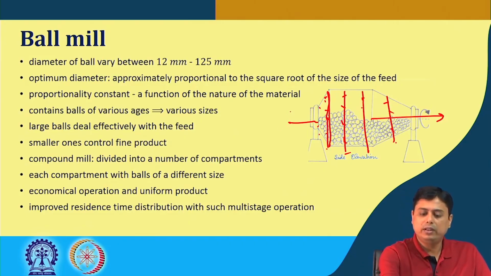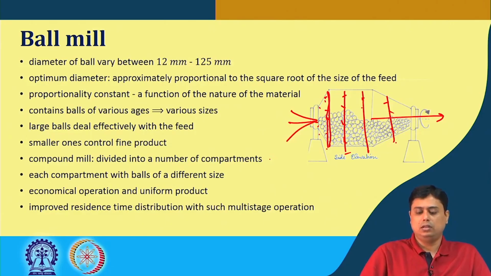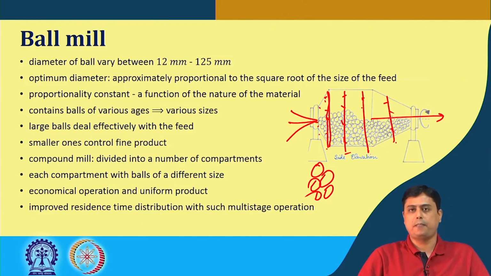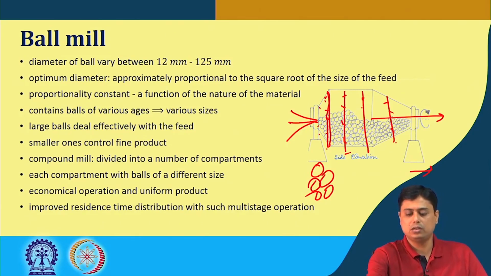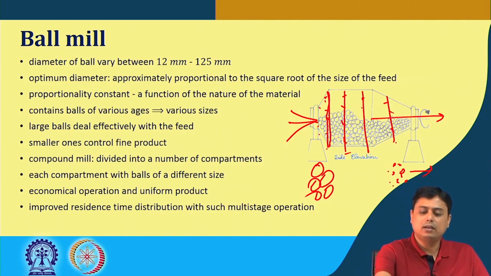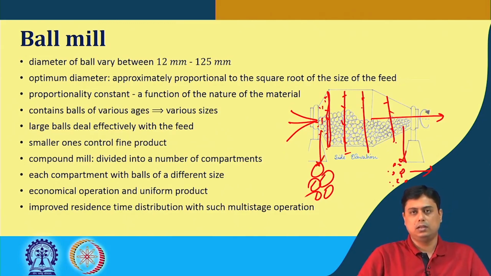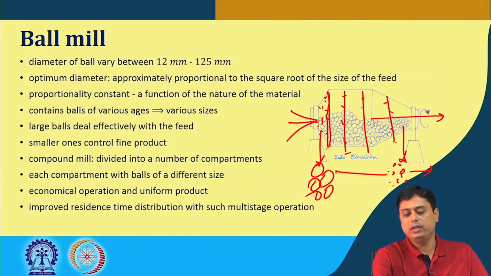So, starting with the feed position, the coarser or bigger balls are there, and near the product discharge location, we have very small balls. Now, here in this compartment, the balls can be of uniform size, and it can gradually decrease in size from feed to product.